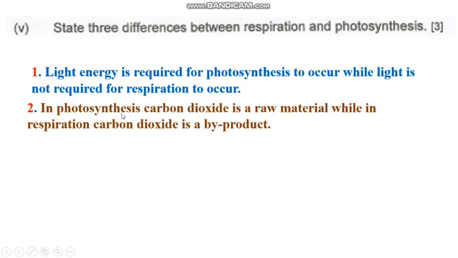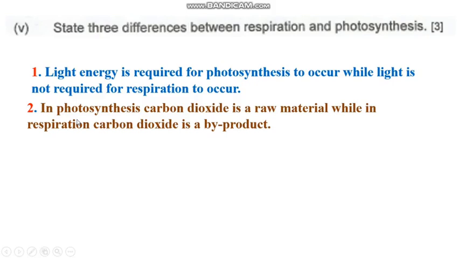So when you look at the process of photosynthesis, we are simply saying carbon dioxide is actually a reactant, okay? But in respiration, it's a byproduct. So that is the second difference that exists between respiration and photosynthesis.